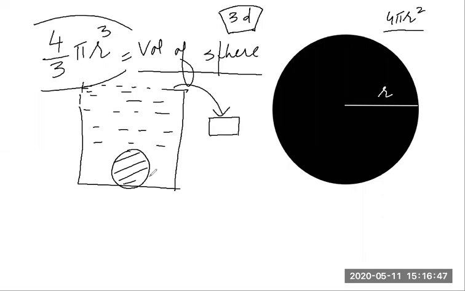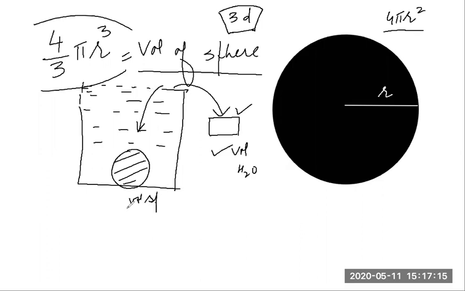When you collect that water and see the volume of this water displaced, the sphere comes inside, and as a result the water goes outside. So obviously, whatever space this sphere has occupied in this jar, the same water has been displaced outside. So the volume of displaced water would be equal to the volume of the sphere.